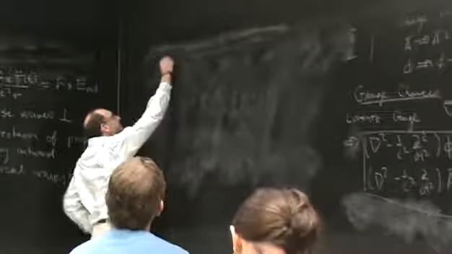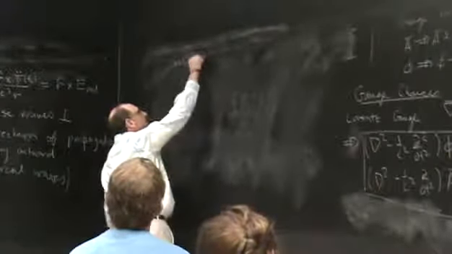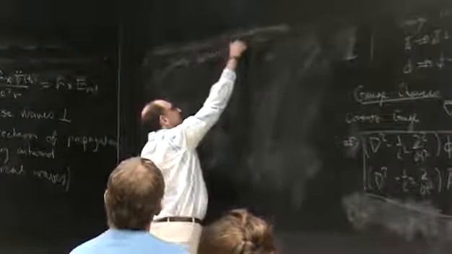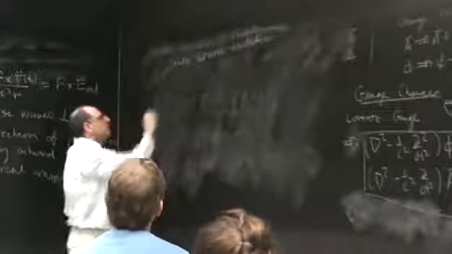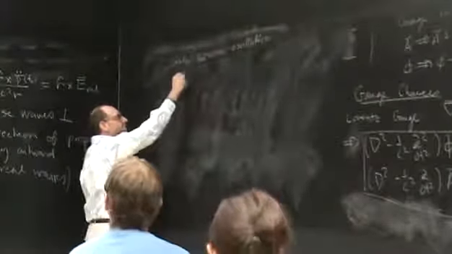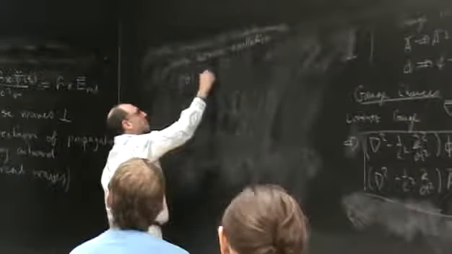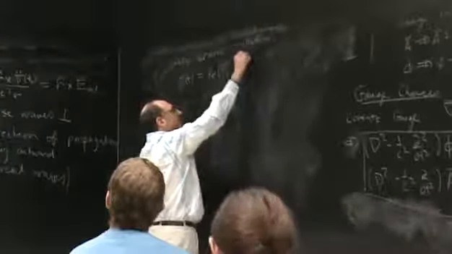So let's consider harmonic oscillation. P, as a function of time, let's say is the real part of some vector.